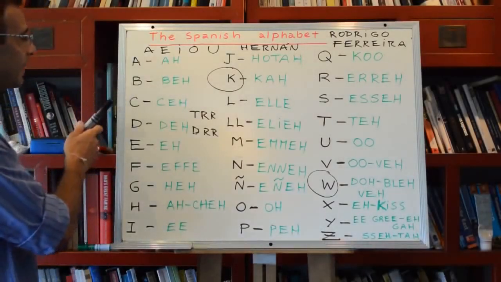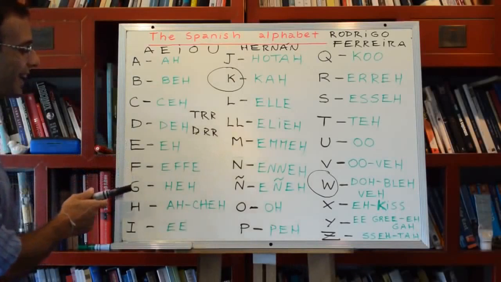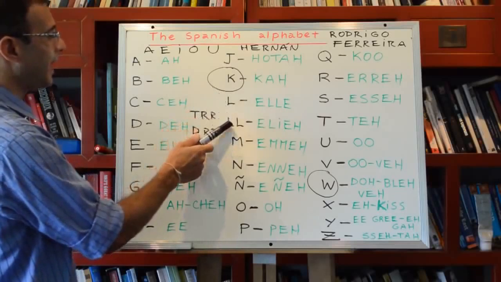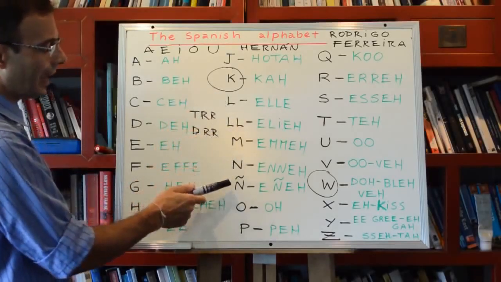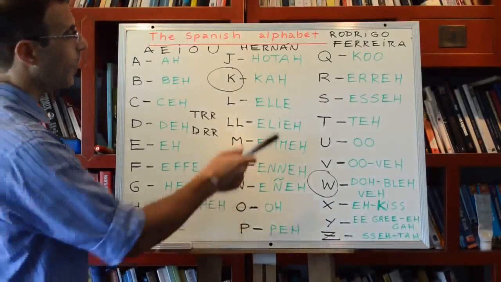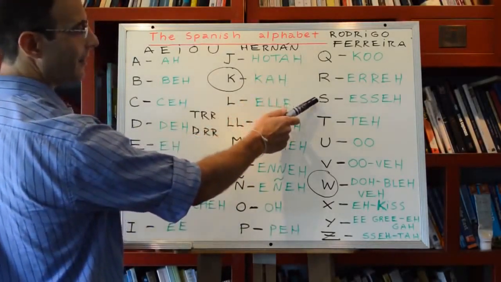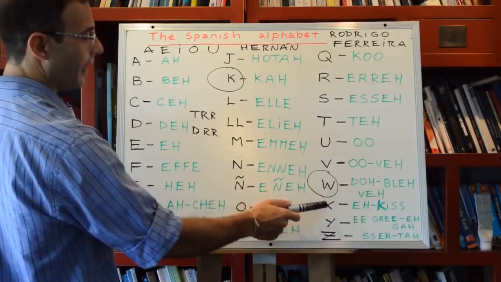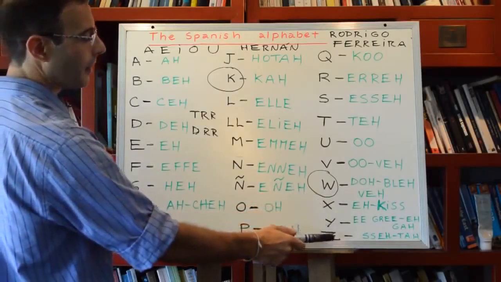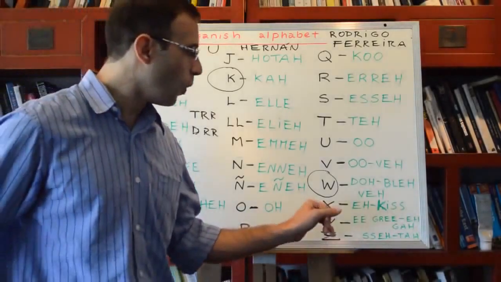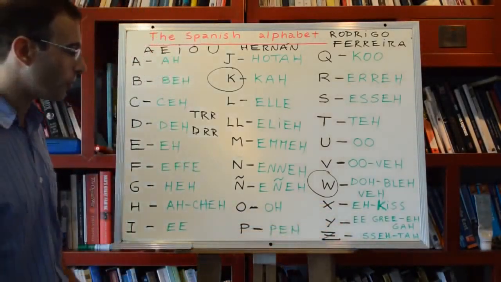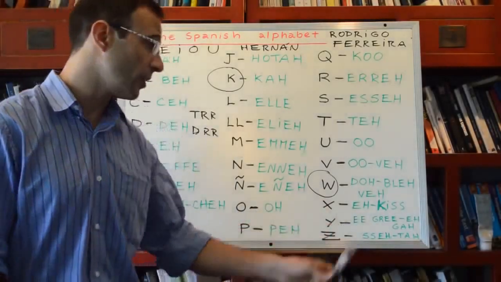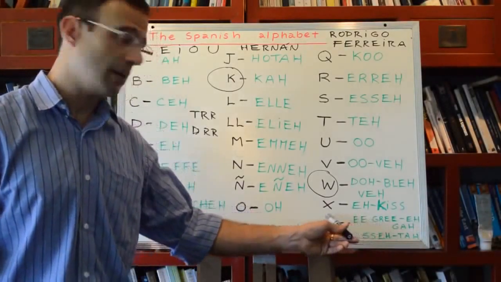A, B, C, D, E, F, G, H, I, J, K, L, L, M, N, Ñ, O, P, Q, R, S, T, U, V, W, X, Y, Z. This Y, to differentiate it from letter I, we call it Y. So this would be Greek I, okay?